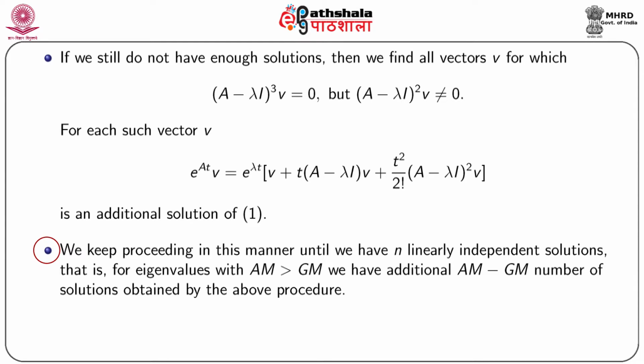We keep proceeding in this manner until we have n linearly independent solutions, that is, for eigenvalues with algebraic multiplicity greater than geometric multiplicity, we have additional AM minus GM number of solutions obtained by the above procedure. We have just discussed the solution of the homogeneous equation where the eigenvalues will be equal.